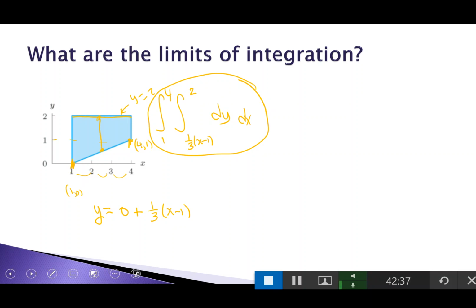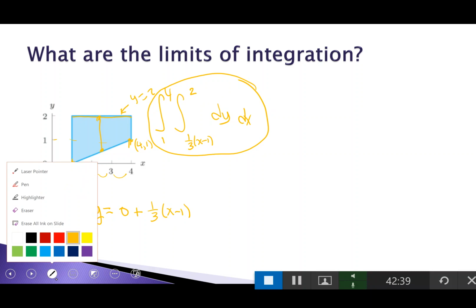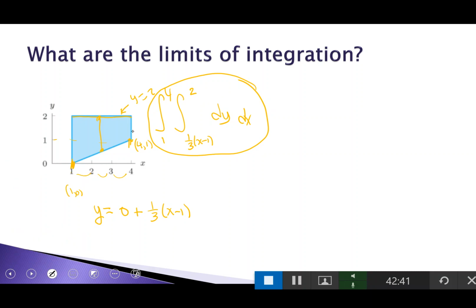I'll get a different color for that. I'm going to erase this. And let's think about what's happening now. If I want to integrate this with dx first, I start at the left, and that's an easy equation. That's x equals 1.